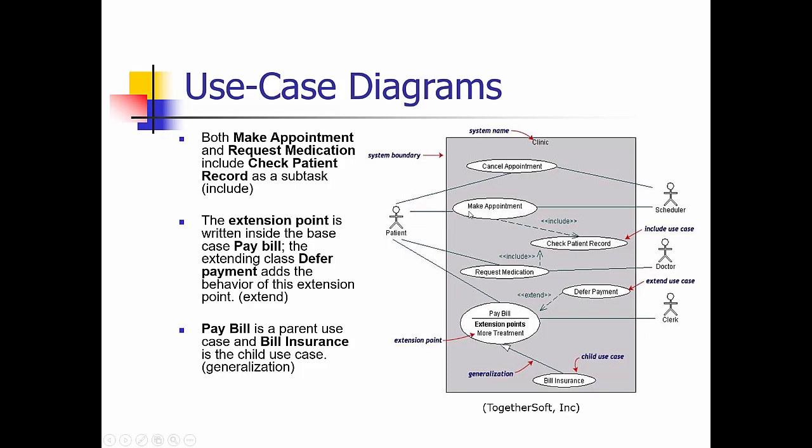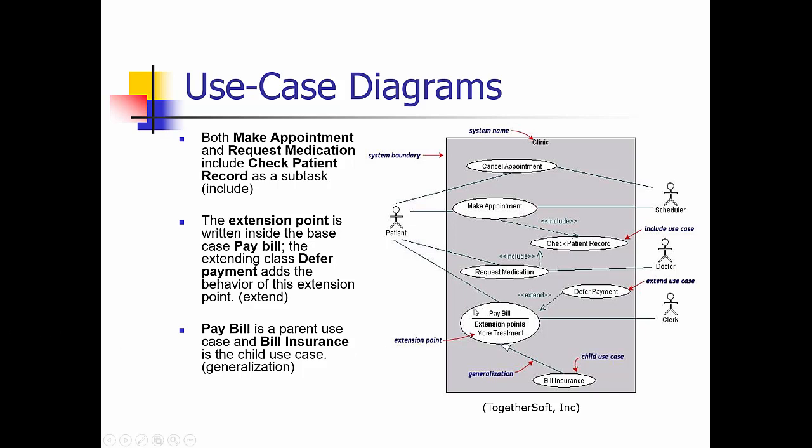The patient has an association with make appointment, with request medication, with pay bill, and also with cancel appointment. The scheduler only has associations with make appointment and cancel appointment. The doctor has only a direct association with request medication. The clerk also has an association with pay bill. Note there's inheritance.